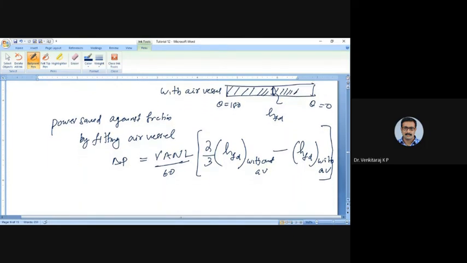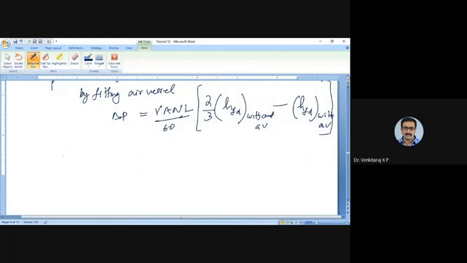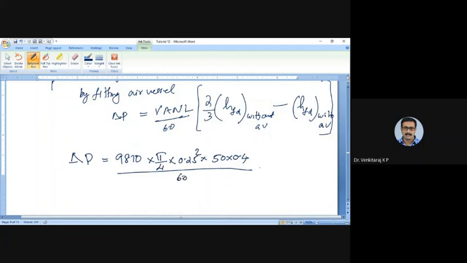The power saved delta P equals gamma 9810 into area pi by 4 into 0.25 square, into N is 50, into stroke length 0.4, divided by 60, into 2 by 3 of the frictional head without air vessel, 52.34, minus with air vessel it is 5.29.